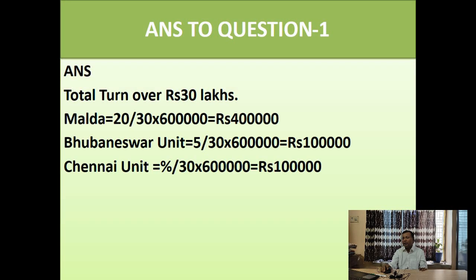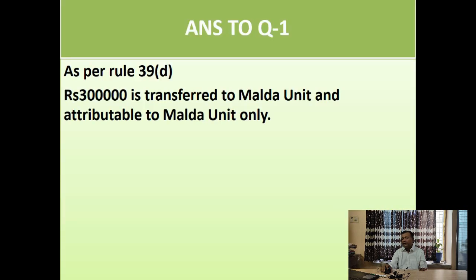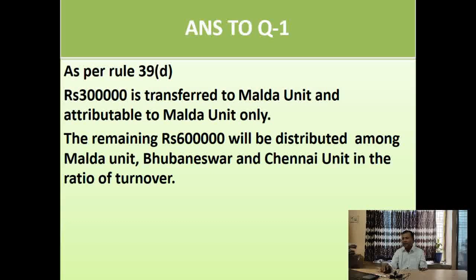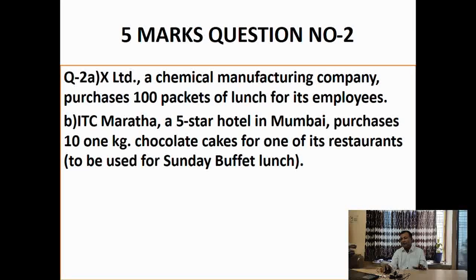Let us come to your question number 2. X Limited, a chemical manufacturing company, purchased 100 packets of lunch for its employees. ITC Maratha, a 5-star hotel in Mumbai, purchased 10 1 kg chocolate cakes for one of its restaurants. So the first question is whether ITC will be available or not.